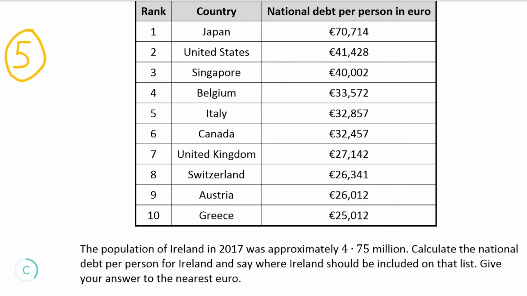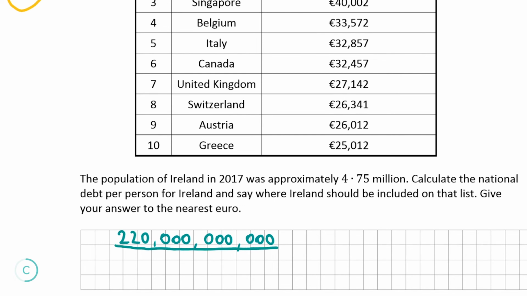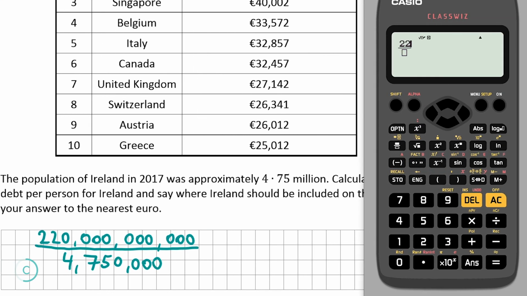So remember, the national debt in Ireland in 2017 was 220 billion. So we're going to divide 220 billion, which was the national debt, by the population, which is 4.75 million. Let's pop that into the calculator: 220 billion on top, and then 4,750,000 on the bottom.